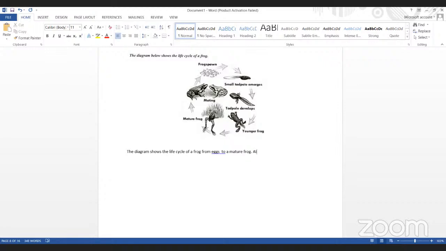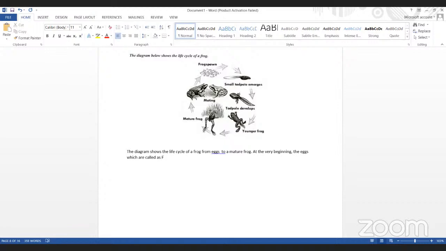Now we are coming to the first stage. At the very beginning, right, at the very beginning, comma, the eggs, which are called as what? Which are called as what?